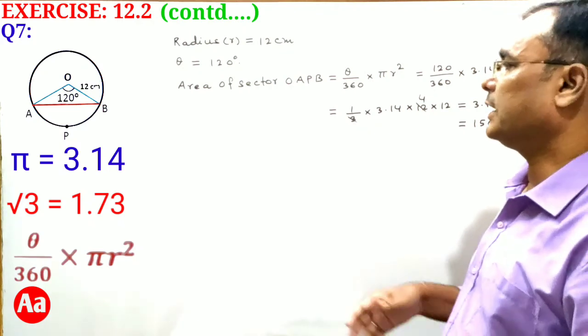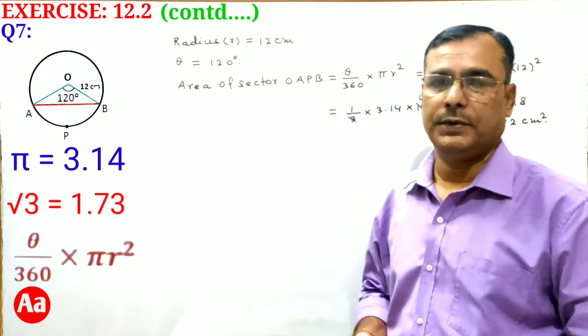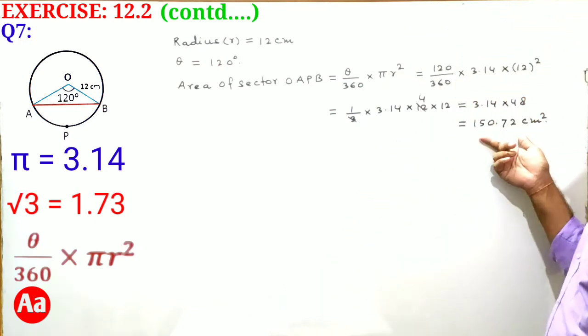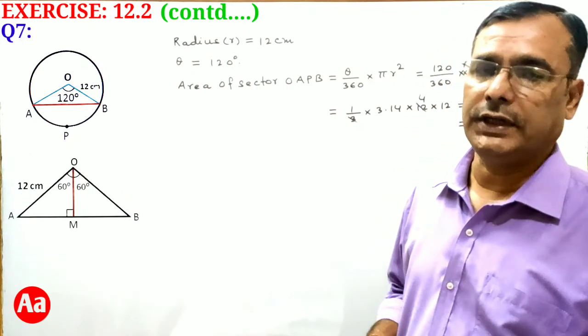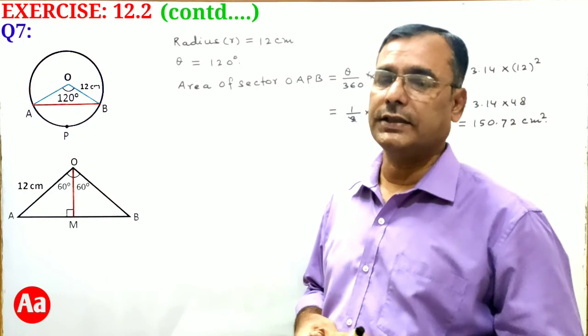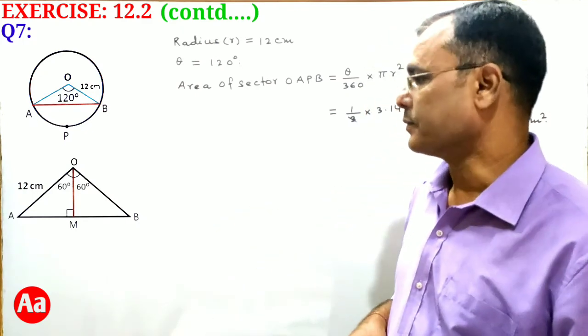So the area of sector OAPB we have calculated, and that is equal to 150.72 centimeter square. Now we are going to calculate the area of isosceles triangle OAB.